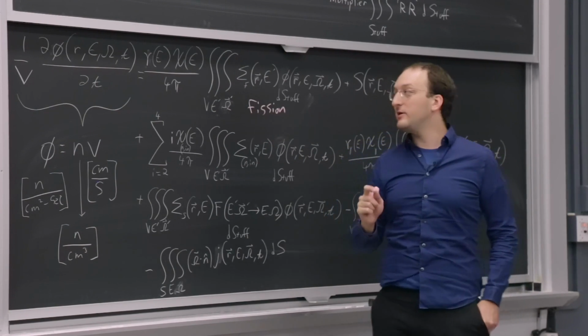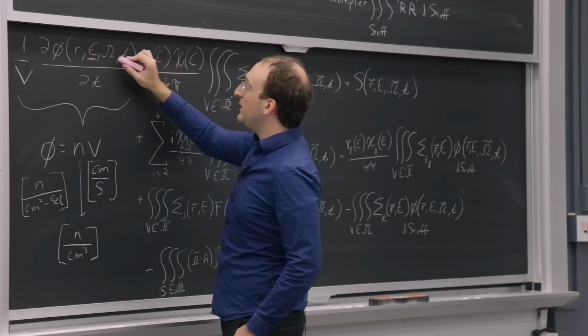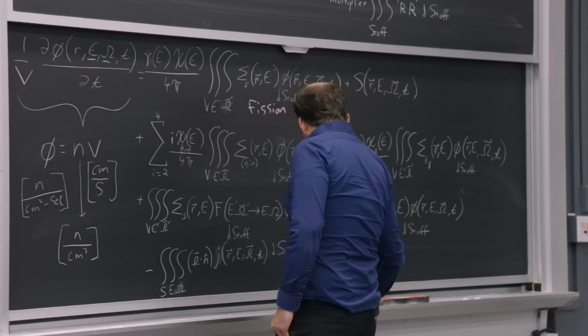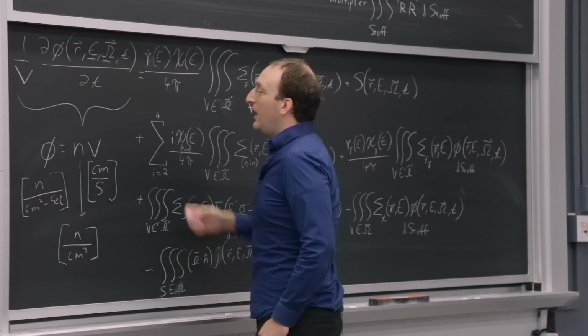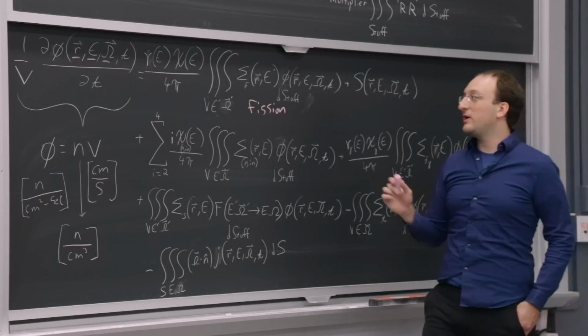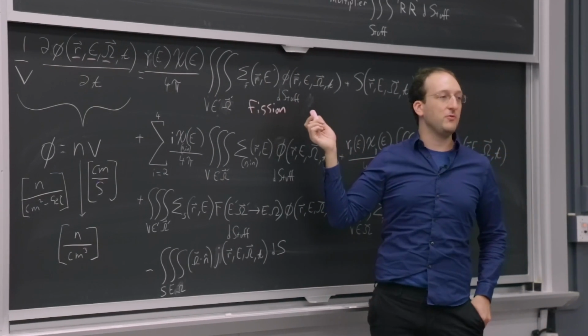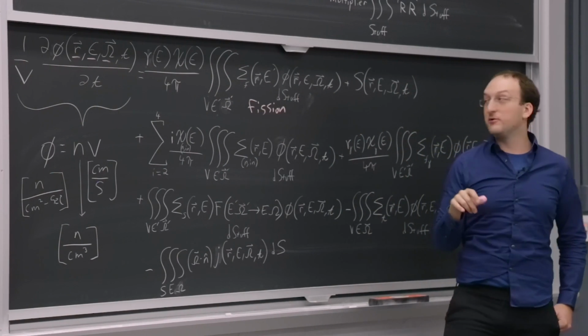If you remember now, we're trying to track the number of neutrons in some small energy group E, traveling in some small direction omega, and those have little vector things on it, at some specific position as a function of time. So in order to figure out how many neutrons are entering our group from fission, we need to know what are all the fissions happening in all the other groups.